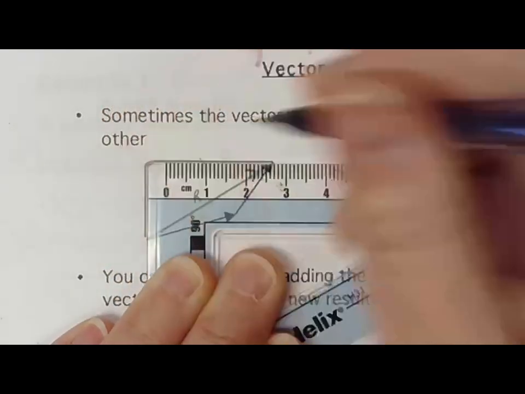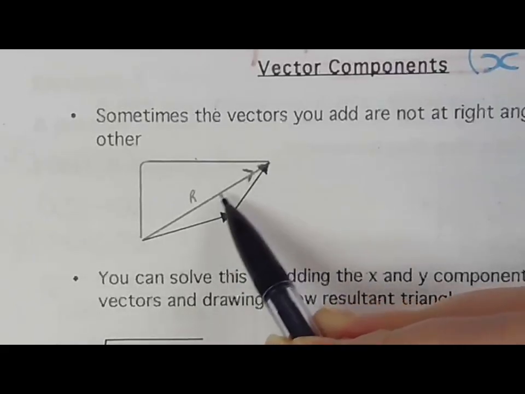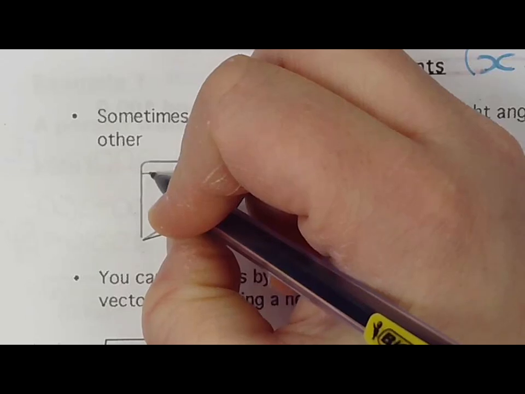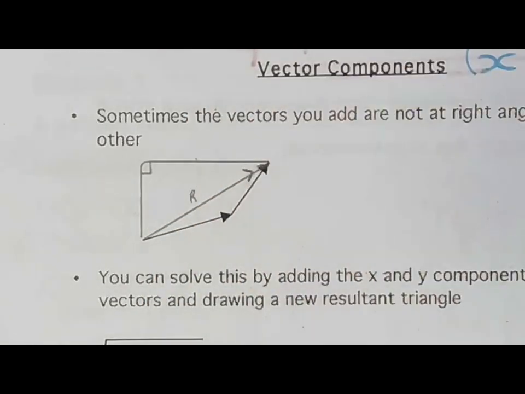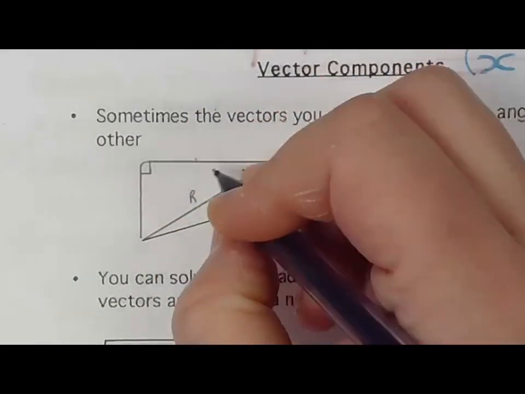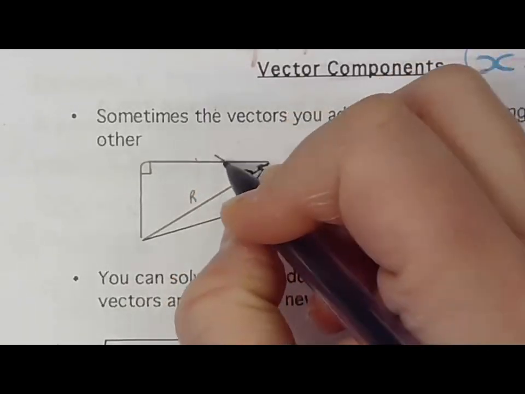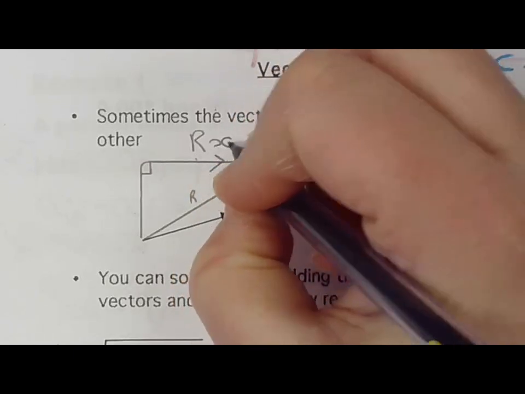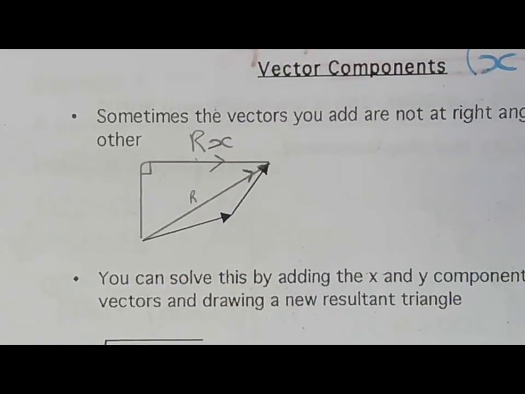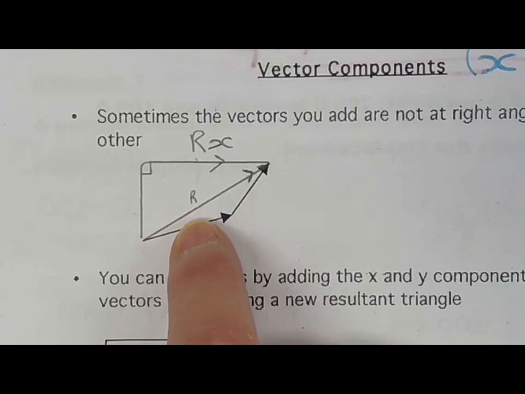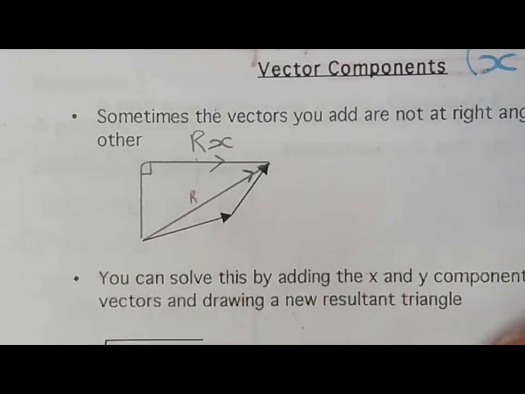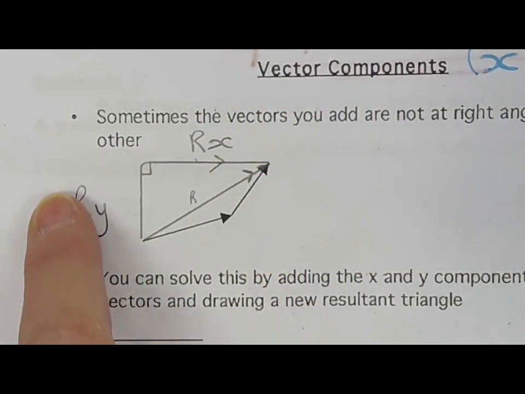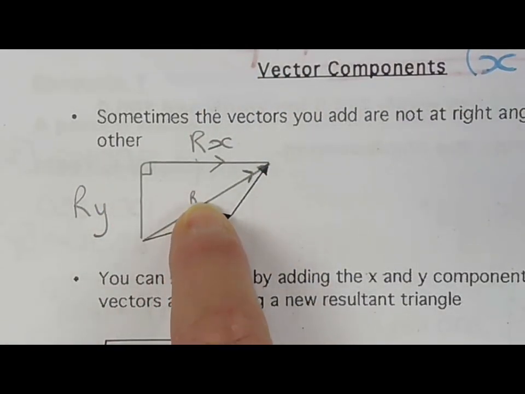So if this resultant here is at an angle like this, I can make a 90-degree triangle, or right angle triangle, and I would then refer to this side as Rx, the x component of the resultant. And I would refer to this one here as Ry, the y component of this resultant.